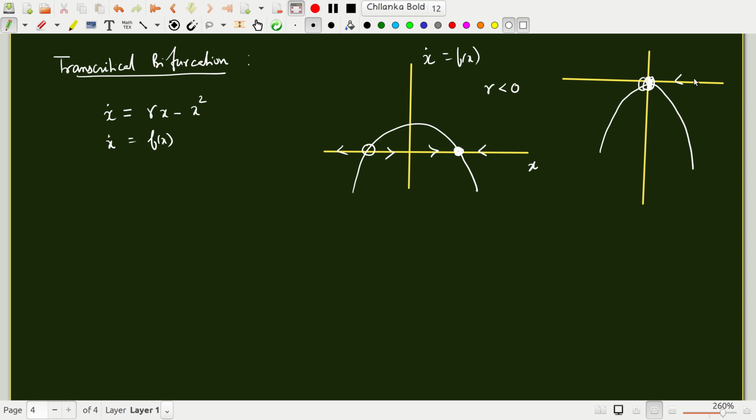So this side is stable, this side is unstable.